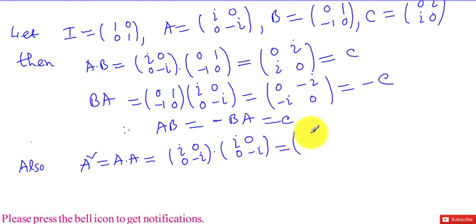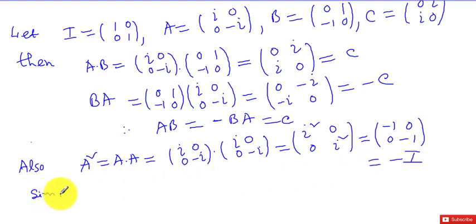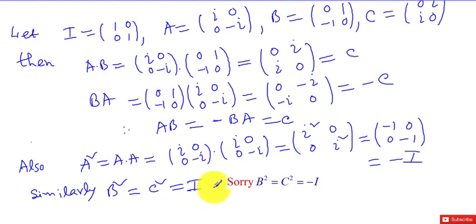This is equal to [[i square,0],[0,i square]] is equal to [[-1,0],[0,-1]]. This is equal to minus I. Similarly, B square is equal to C square is equal to minus I.